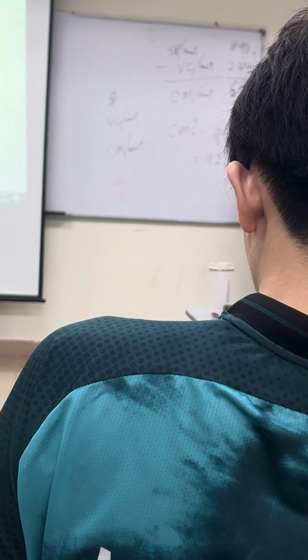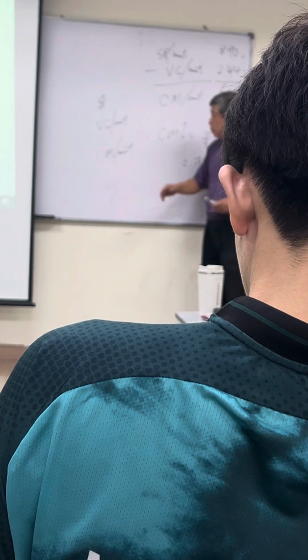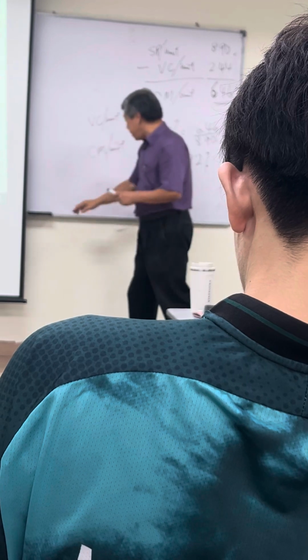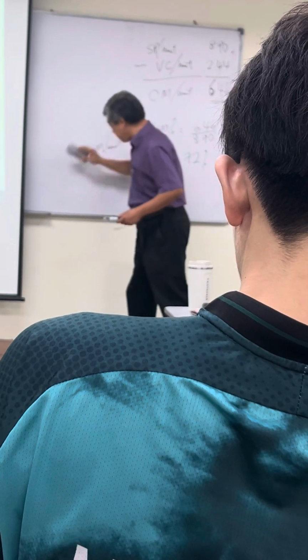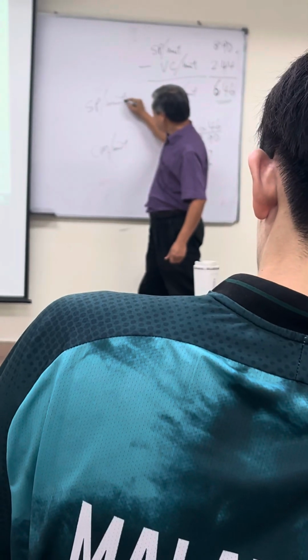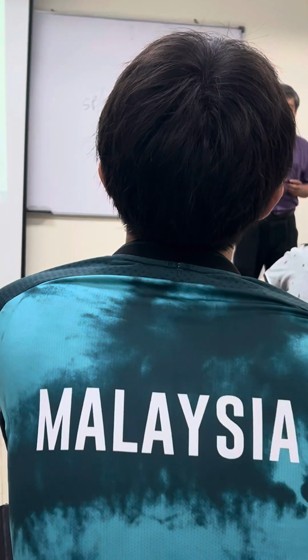If they give you selling price per unit and contribution margin per unit, can you find out your variable cost per unit?